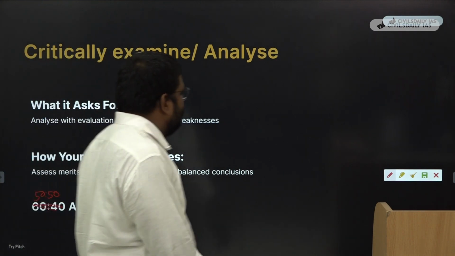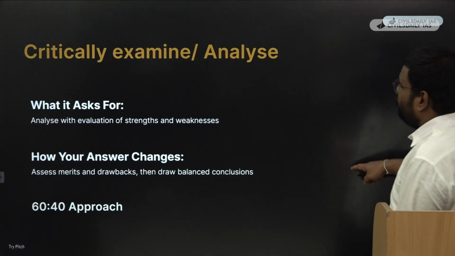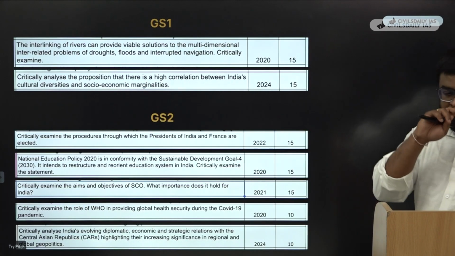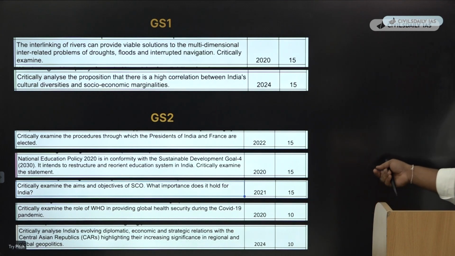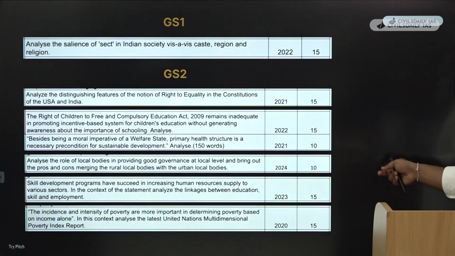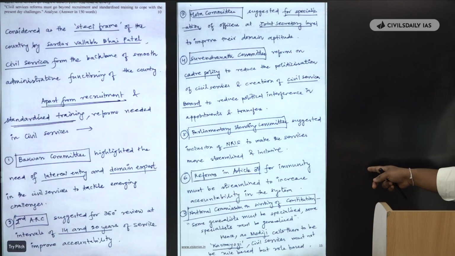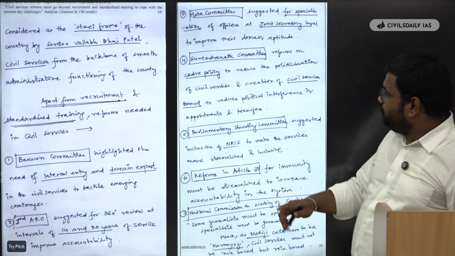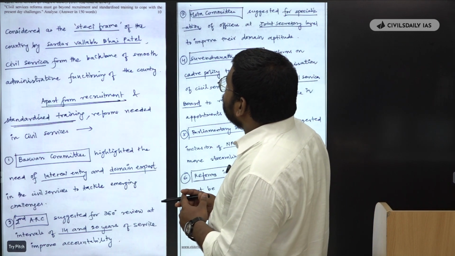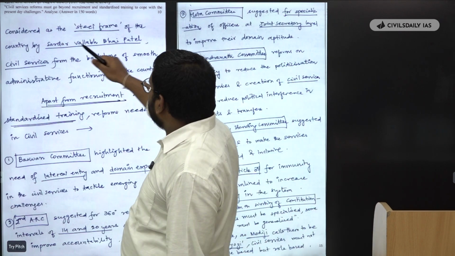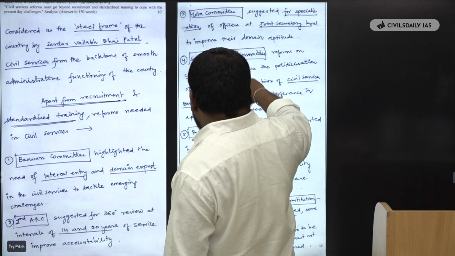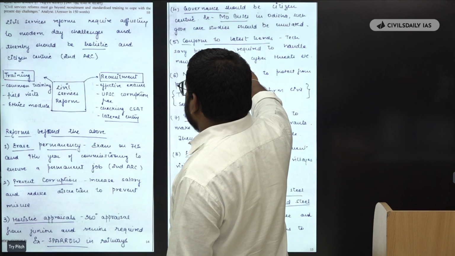Okay, this. And again, for all those directives, it's equal: you have to provide both sides, arguments in favor, arguments against. So if you see the answers of Animesh, civil services reforms must go beyond this.